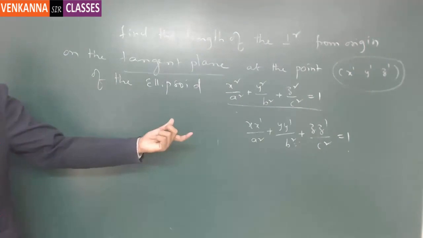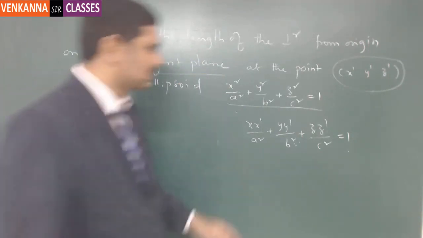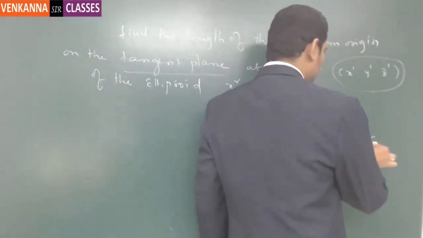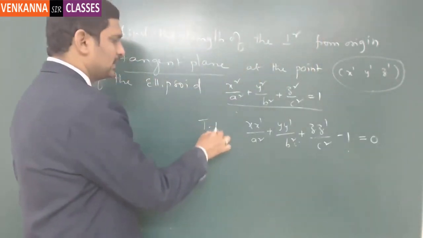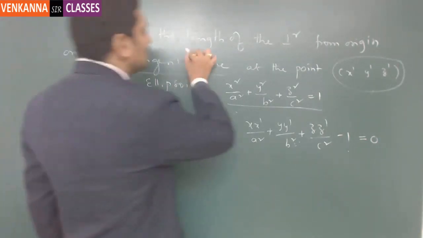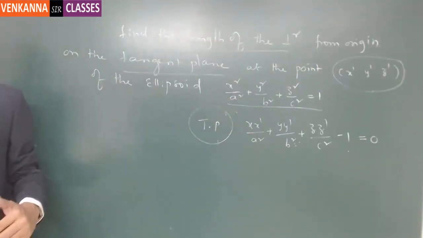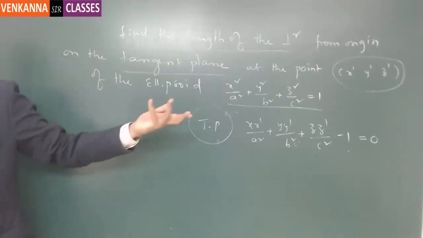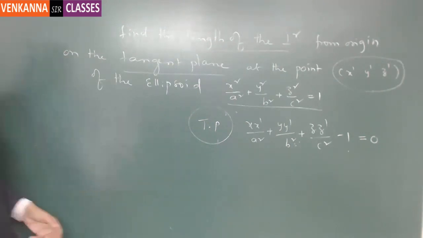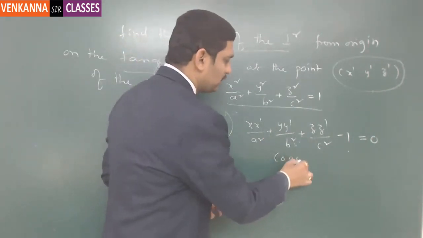This is the tangent plane equation at the given point for the ellipsoid. You can write it, taking 1 to this side, minus 1 equal to 0. This is the equation of the tangent plane. And we have to calculate the length of the perpendicular from origin to the plane. In other words, you are calculating the distance, let us say. So, this is the plane we have. We are calculating the distance from origin to the plane.